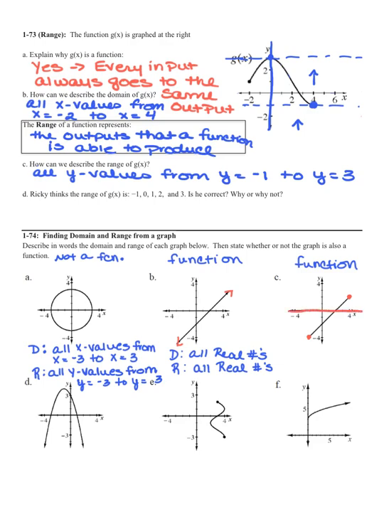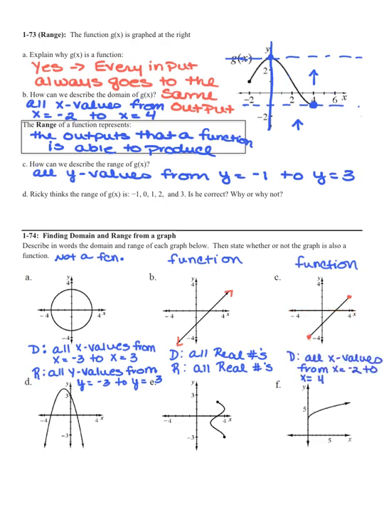If we take a look at the x values and read our graph from left to right, now the first x value that I am using appears to be at -2. And if I keep reading to the right, the very last x value that I use is at +4. So my domain is all x values from x equals -2 to x equals +4.